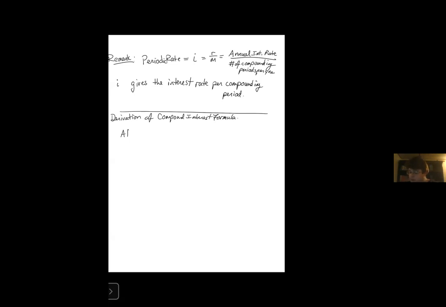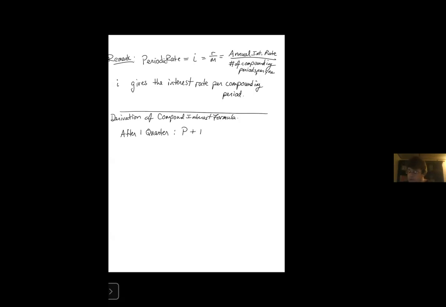So how much was in the account after 1 quarter? What were the letters we used? Well, what was in the account? 1,000 plus 25. How did we get that? Well, it was 1,000 plus 1,000 times 0.025. So P is our principal. So it was P plus the 25.